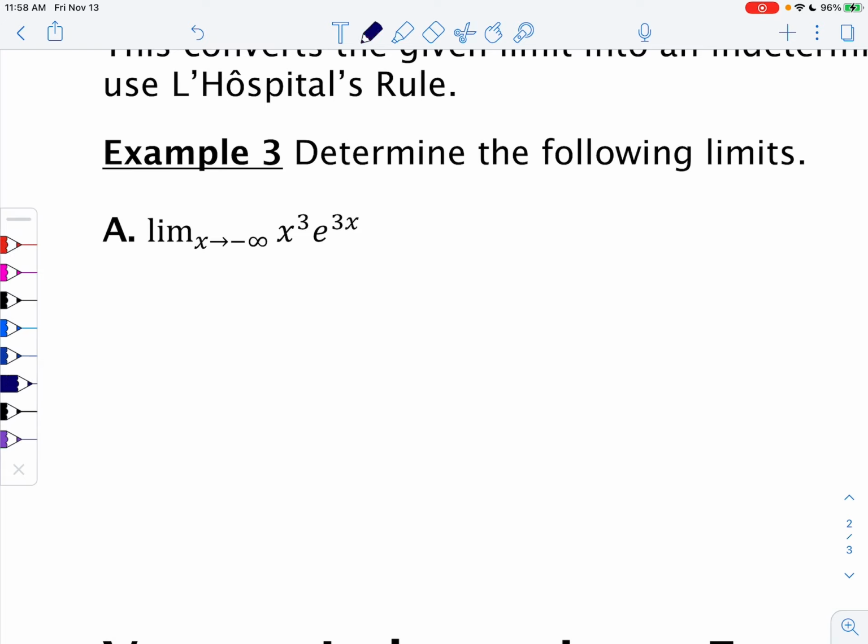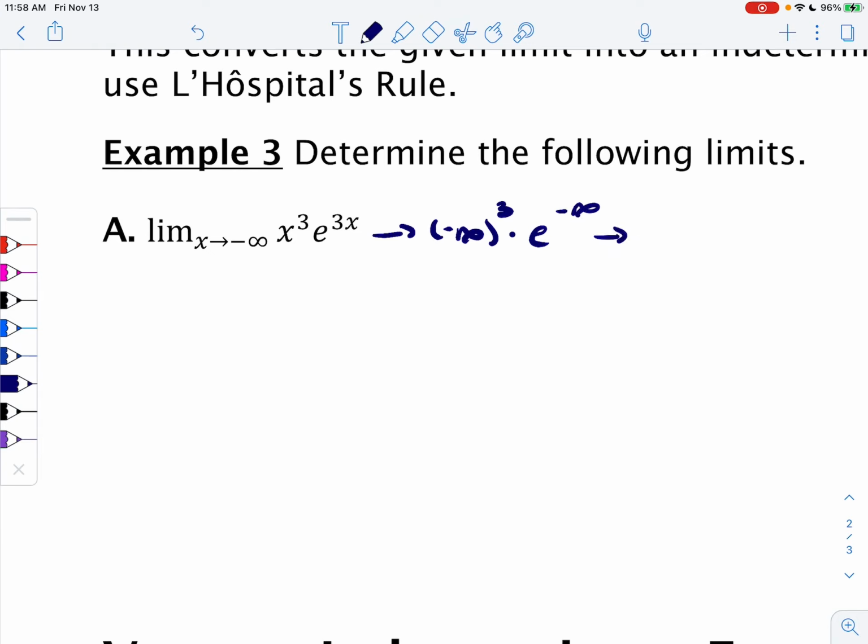All right, so here, if I'm going to negative infinity, we just want to make sure what kind of form we have. We always want to see if we do have an indeterminate form, or if we can go ahead and calculate the limit as usual. So here I'm going to minus infinity cubed times e to the 3 times minus infinity is minus infinity.